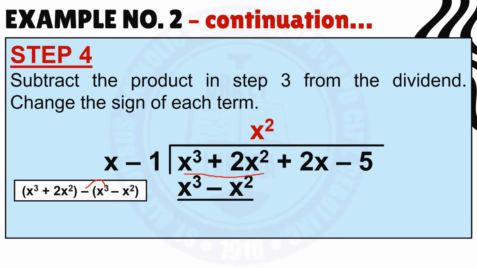So it becomes minus, and this becomes plus. Then combine the similar and like terms. So there is an imaginary 1 here. So the result becomes 3x squared. Then bring down plus 2x.